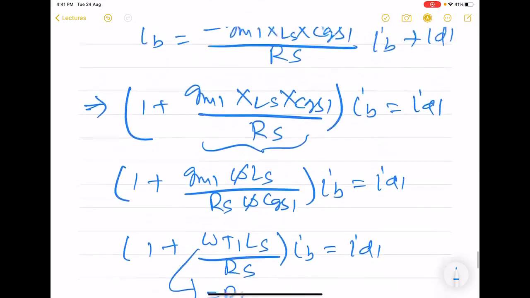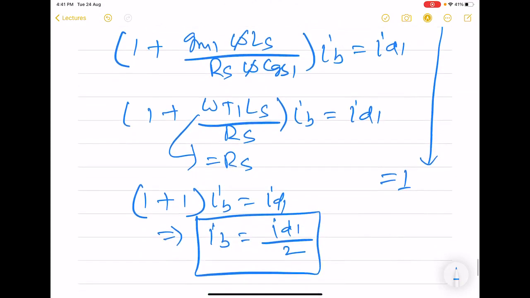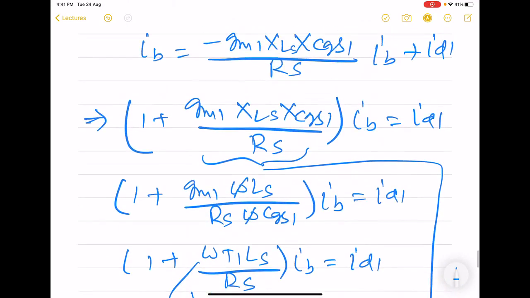And here we found that this factor is equal to 1 for match case. Actually, we will encounter once again this in subsequent derivation.